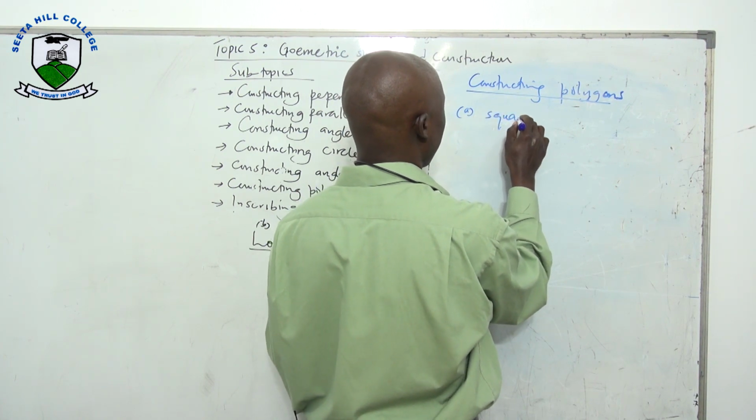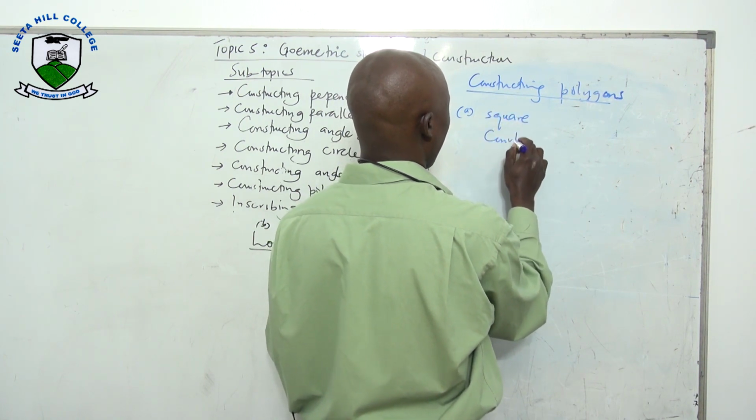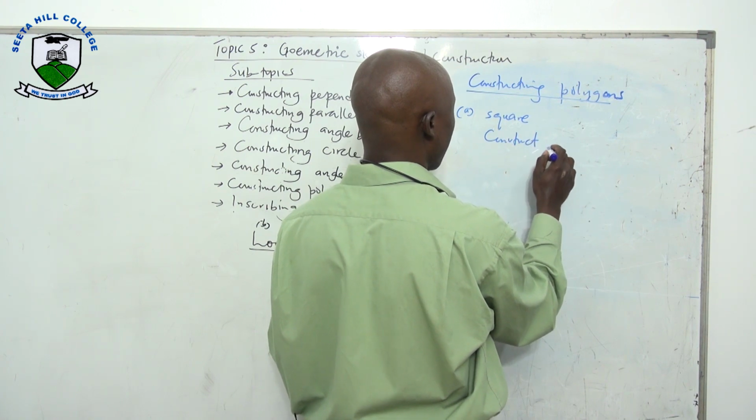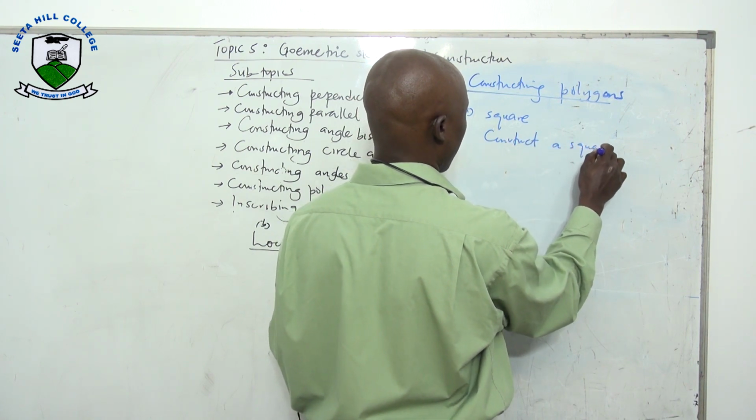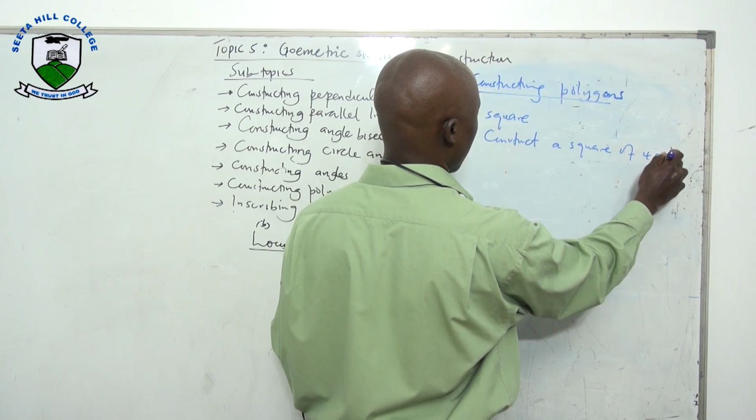Square. We know that a square has all sides equal. Construct a square of 4 centimeters.